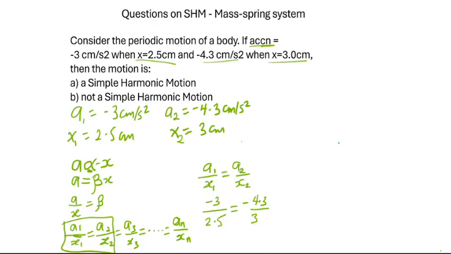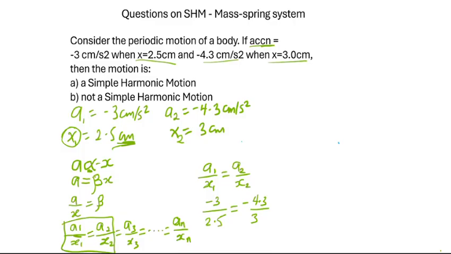Now, mind you, I did not convert the centimeter to meter, which is the SI unit, because x also is in centimeter. So I don't need to convert, because both of them are going to cancel out.